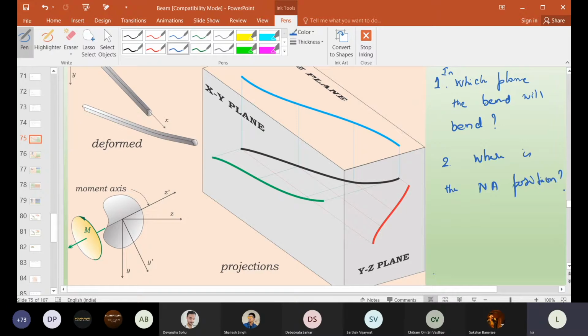If we can answer these two questions, then calculating sigma xx or sigma yy is not very difficult actually, or sigma zz, whatever, depending upon the moment, what stresses will develop, we will find out.